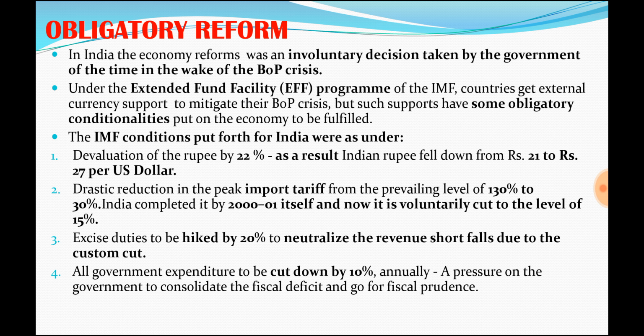And when a country increases its excise duties, it means the products going from India to other countries, the export products, will become costlier, because India is charging an extra 20% here itself. So the exports will become costlier and the imports cheaper by these two methods.